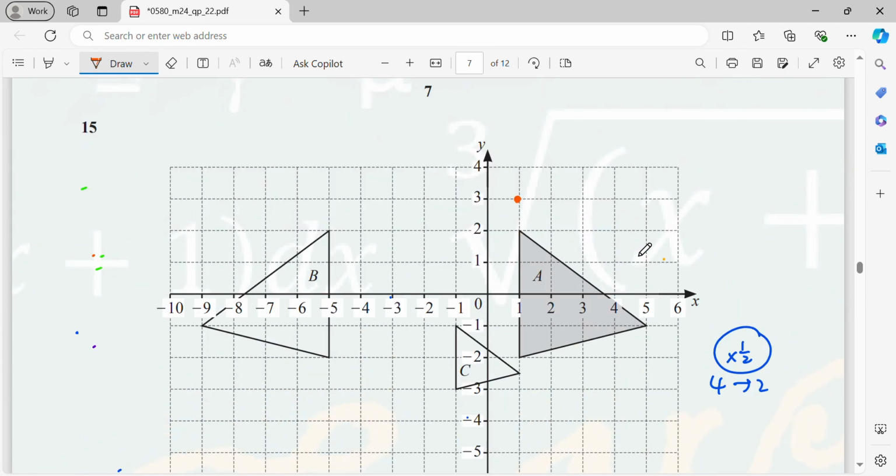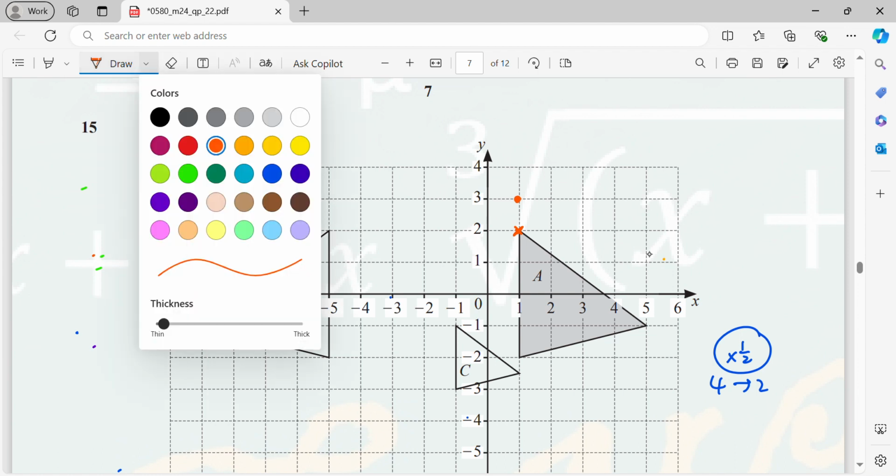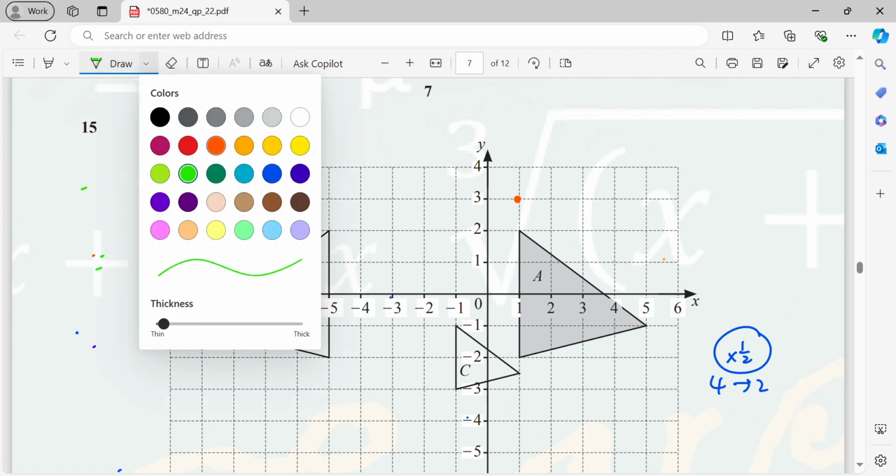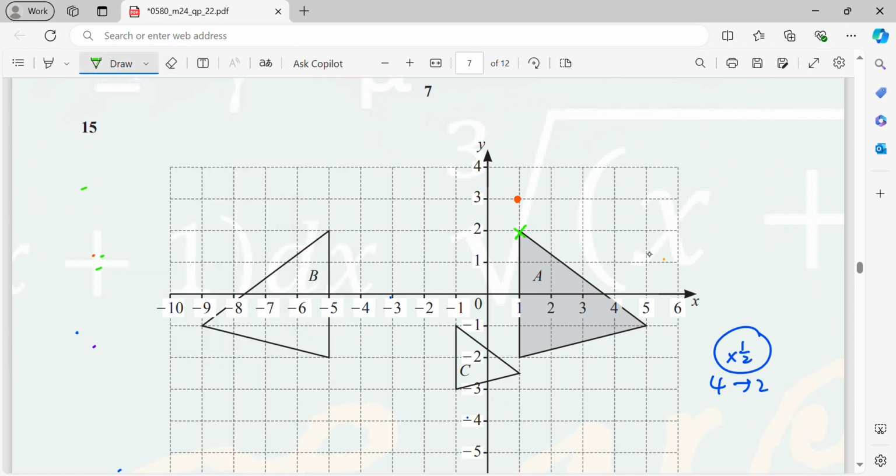Okay, so here from this point, probably I use another color. Now when you rotate 90 degrees clockwise, remember, clockwise means in this direction. Now you have to refer to this point. This point goes to the rotation point 90 degrees clockwise.